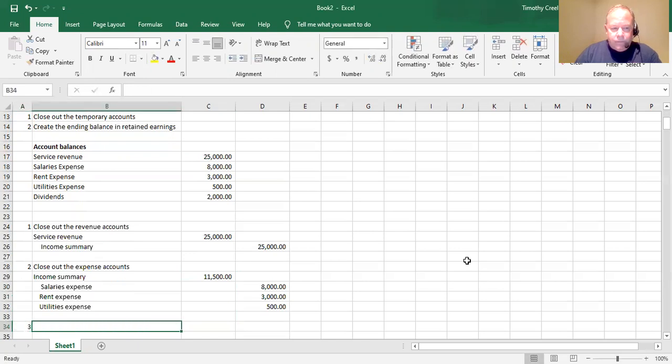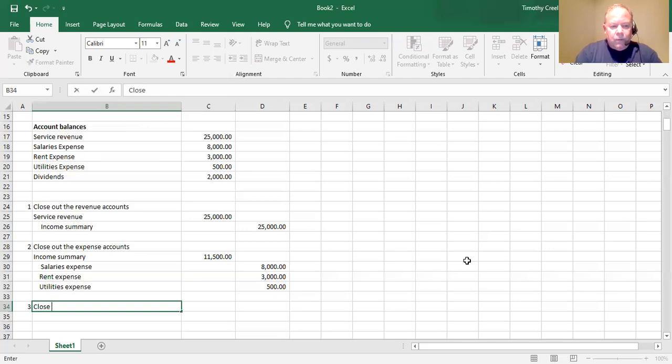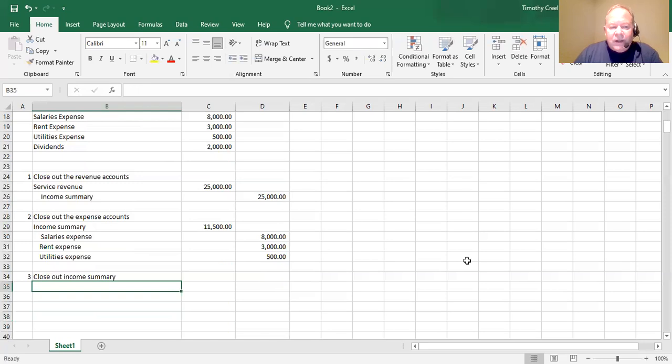Now, the third thing we want to do is close out income summary. If we're going to close out income summary, we want to take the balance in there and close it out to 0. A good way to do this is to look at a T account.